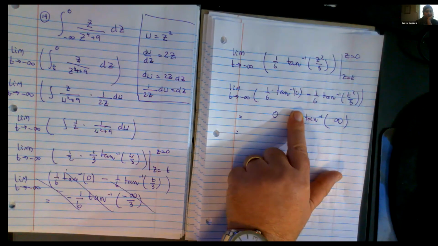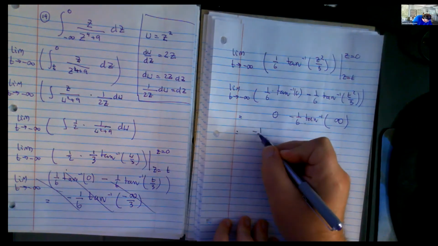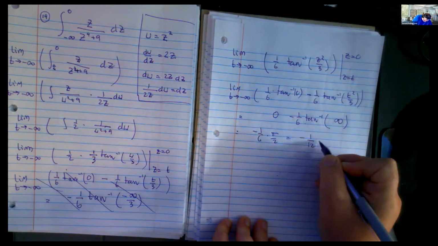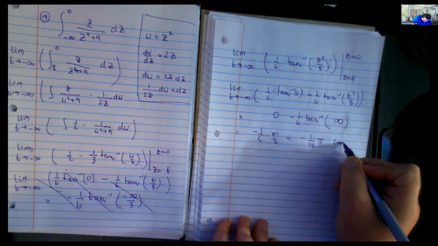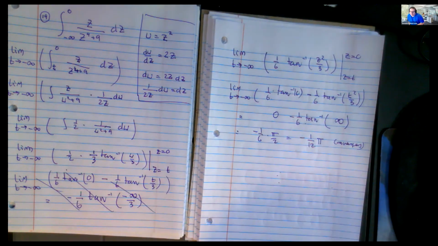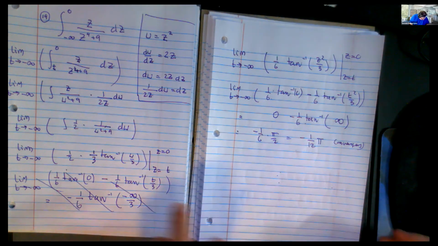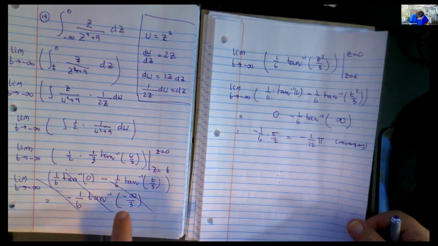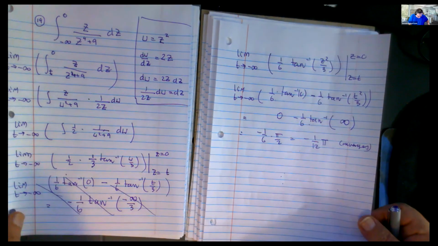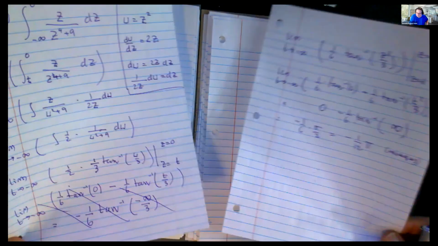So what you've got is negative 1/6 times pi over 2, which is negative 1/12 of a pi, and that converges. Are we good with that one? Little hiccup there, but strangely enough, my answer wouldn't have looked that different from the real answer, but that's just coincidence. I should change it, and I did.